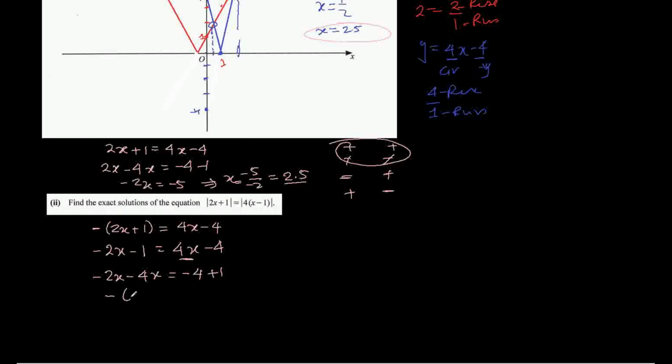So minus 6x equal to minus 3, x equal to negative 3 over negative 6, and yes, we got half. So yes, the two answers of these are half and 2.5. We did not take the help of graph. We did it algebraically because they're saying exact solution. Graph cannot give us exact solutions. All right.